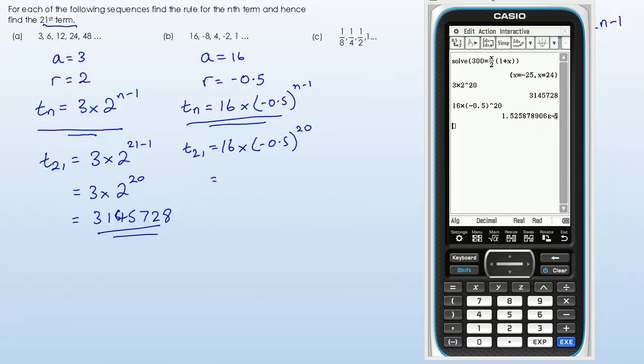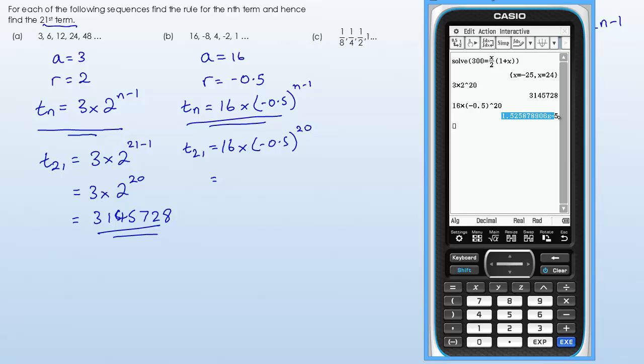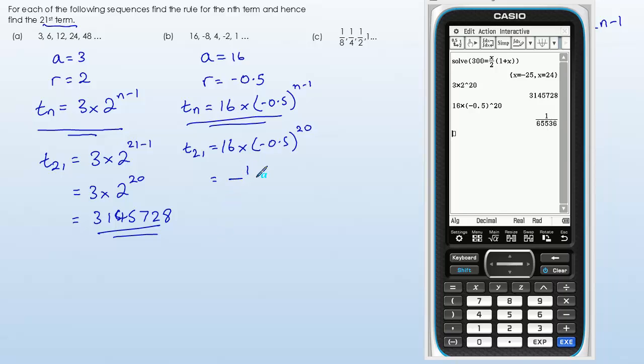Now the answer is a decimal, and it's also in scientific notation. I might just see what that looks like as a fraction, and that looks much better as a fraction, doesn't it? So 1 over 65536. So I'll probably give that as my answer, unless I'm asked to give it as a decimal to so many decimal places or whatever.